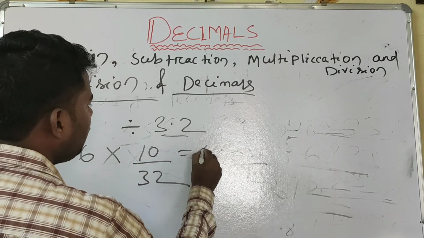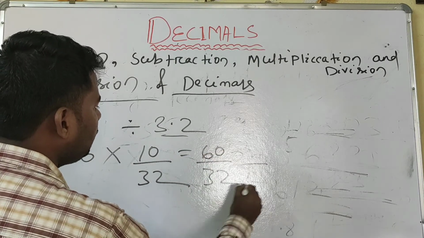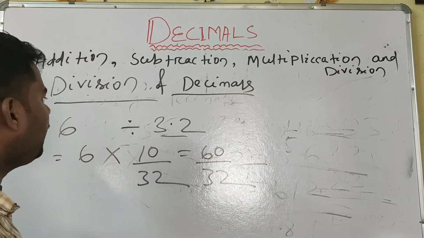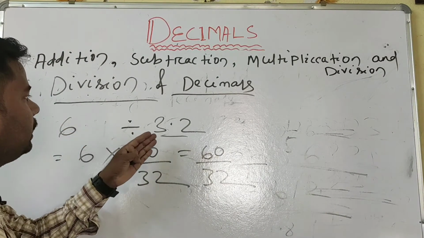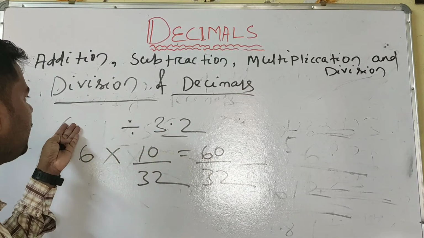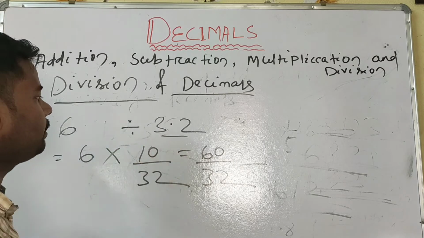And that becomes 60 by 32. In this way we can divide a whole number by a decimal number, a decimal number by a whole number, or a decimal number by a decimal number.